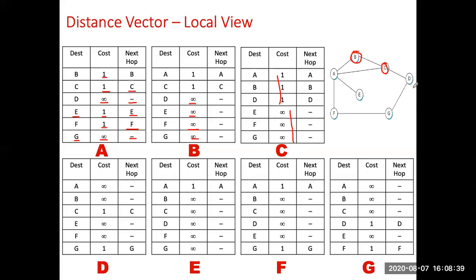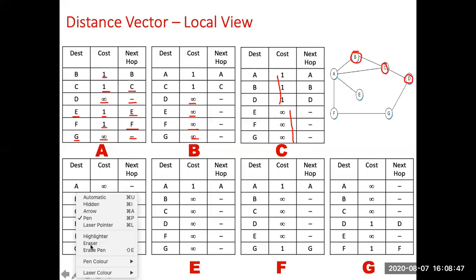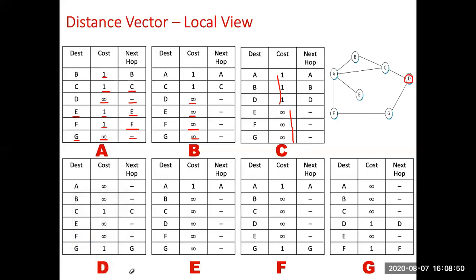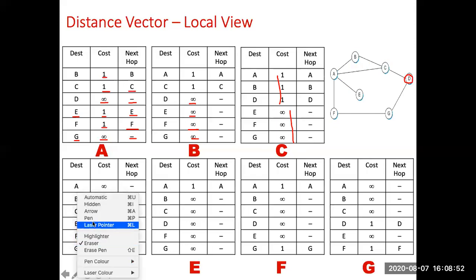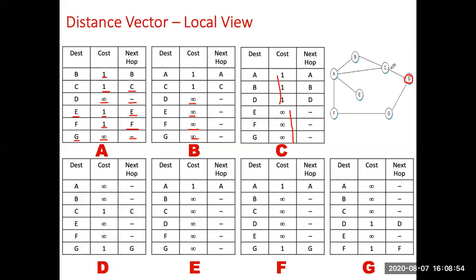For D, we can see it is directly connected to 2 nodes, C and G. So it has the cost for C and G, but the cost for all the other nodes is infinity.